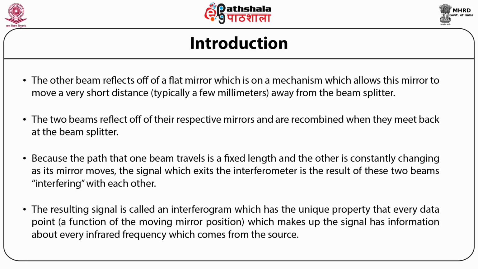The resulting signal is called an interferogram, which has the unique property that every data point, a function of the moving mirror position, which makes up the signal, has information about every infrared frequency which comes from the source.